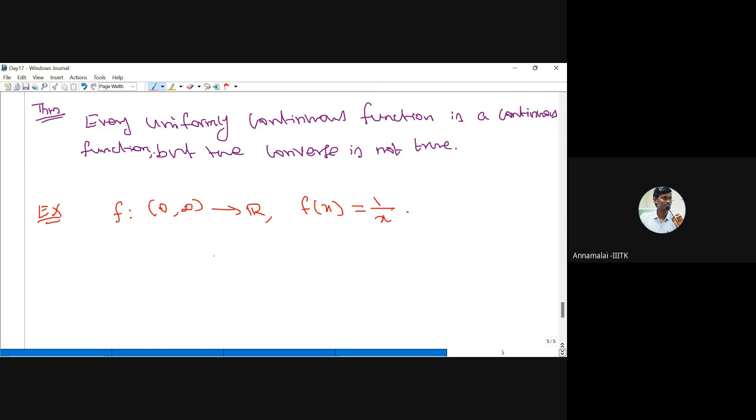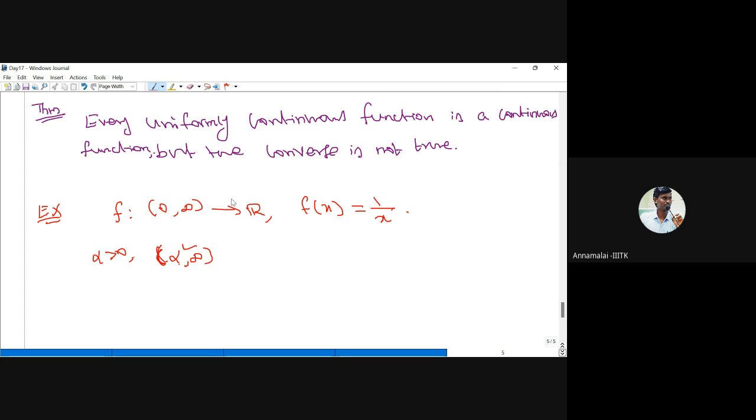If we take the interval alpha to infinity where alpha is positive, then the function is uniformly continuous on this interval. But on the interval 0 to infinity, this function is not uniformly continuous. I will give a theorem so that we can easily prove this.